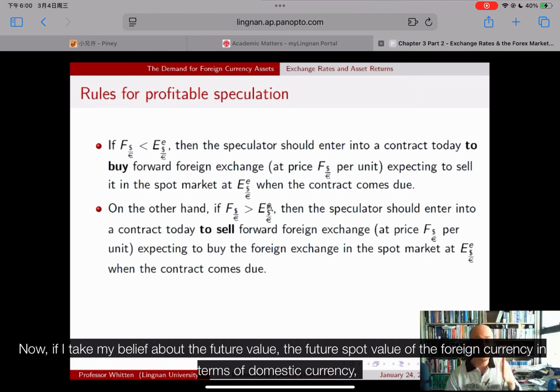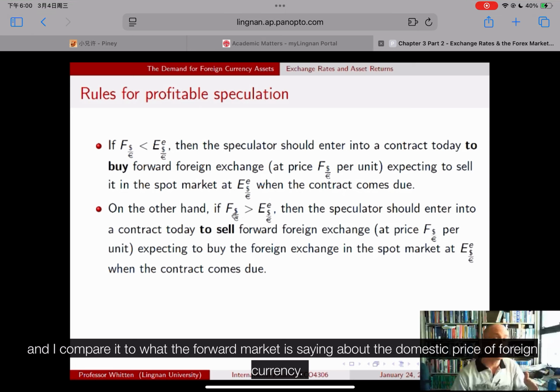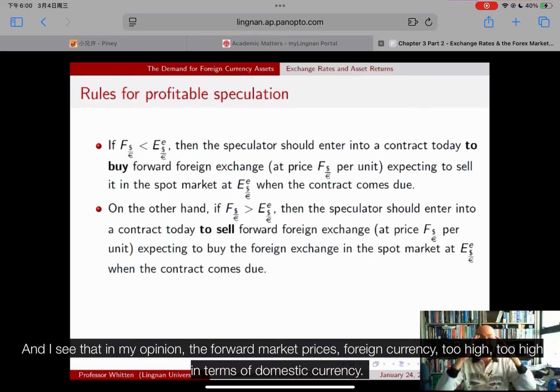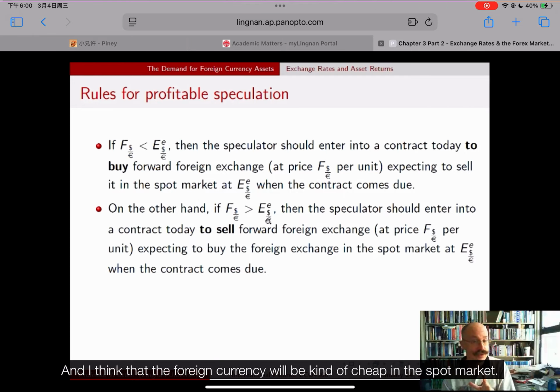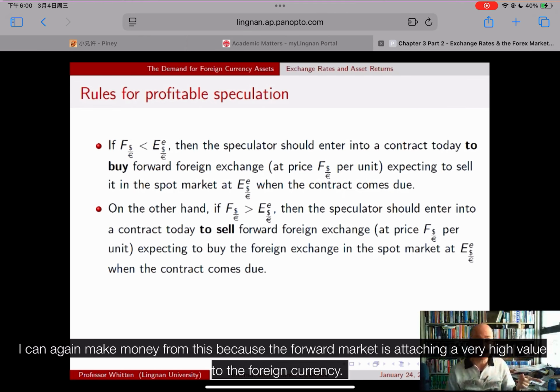Now, if I take my belief about the future spot value of the foreign currency in terms of domestic currency, and I compare it to what the forward market is saying, and I see that, in my opinion, the forward market prices foreign currency too high, and I think the foreign currency will be cheap in the spot market, I can again make money, because the forward market is attaching a very high value to the foreign currency.